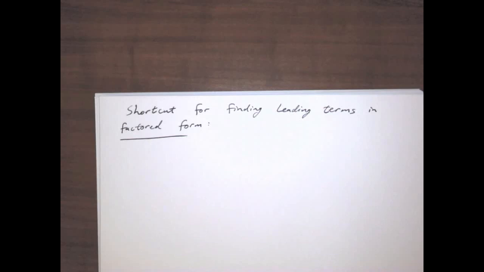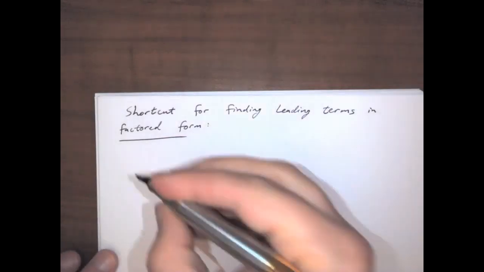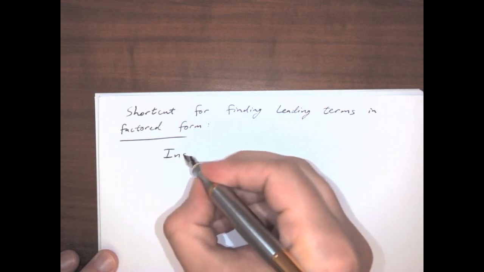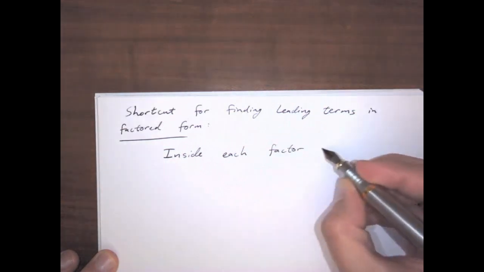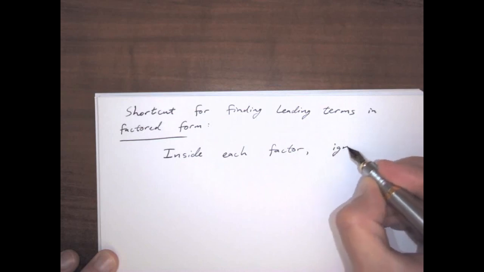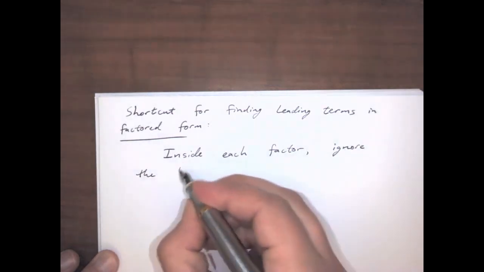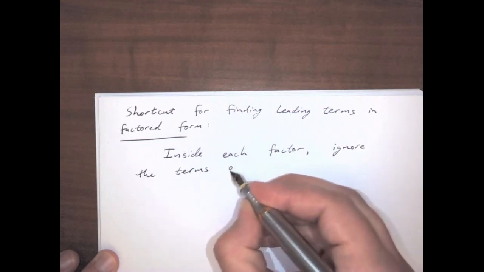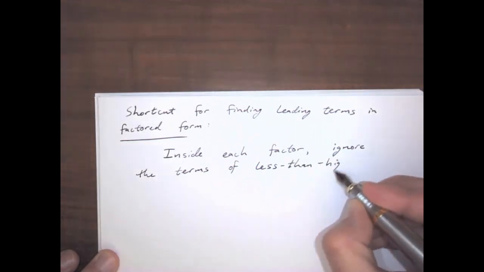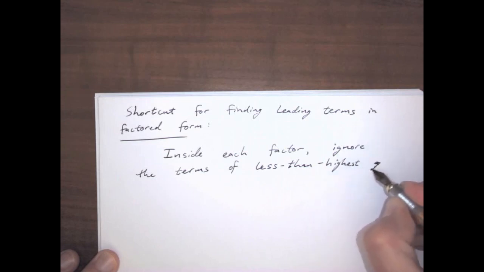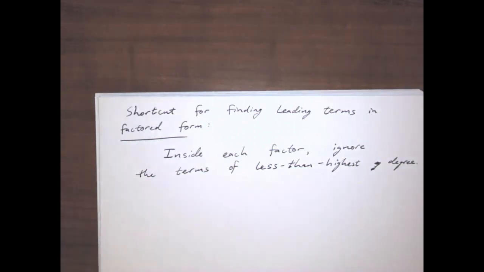Within each factor, we can ignore the terms of less than highest degree, because these aren't going to end up contributing to the leading term if you FOIL it out.